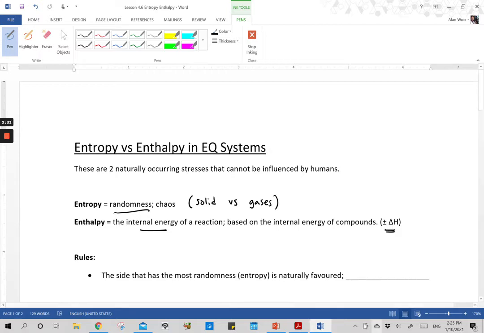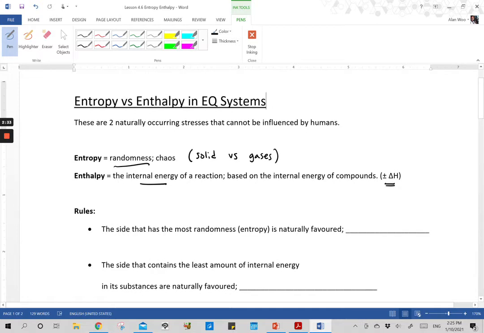So for us to look at how entropy and enthalpy tie into each other for equilibrium reactions, we do have to find the side of the reaction that has the most randomness. The most randomness, or most entropy, is always naturally favored.